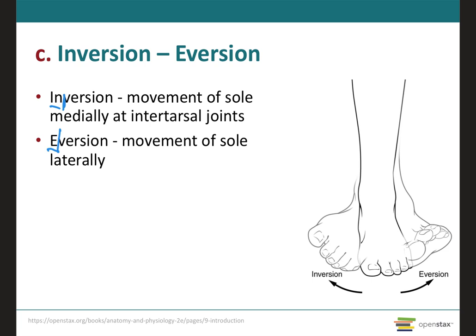It will not occur at the ankle, so this might be a little bit misleading, but keep in mind that this will only occur between the tarsal joints. Therefore, inversion means that you're bringing your foot inward, and eversion is when you bring your foot to the lateral side.